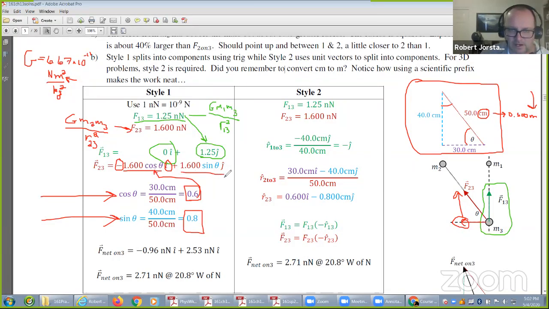And then you could plug in this 0.6. I got this one here in the J hat. I could plug in that 0.8. And when you do that, you then add the I's to the I's and the J's to the J's. Wait a minute. Is that a typo right there? Is that supposed to be a J hat? Probably. I'll write that down. That's supposed to be a J hat.